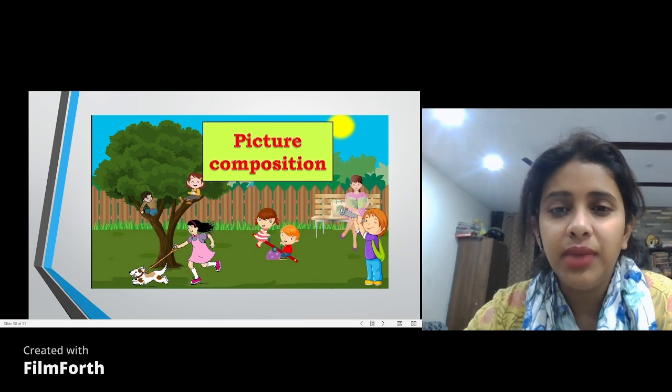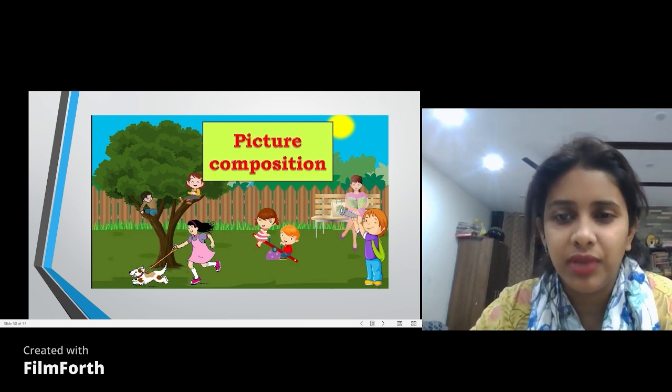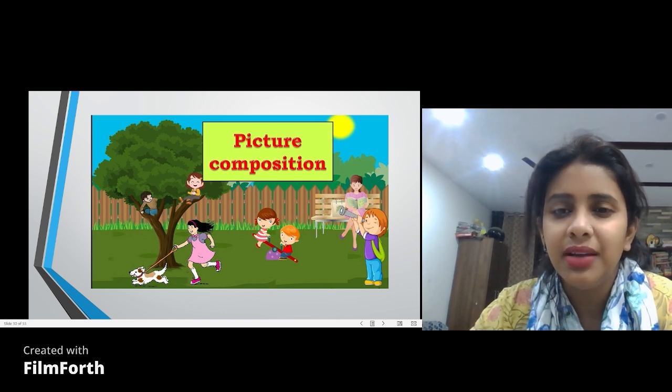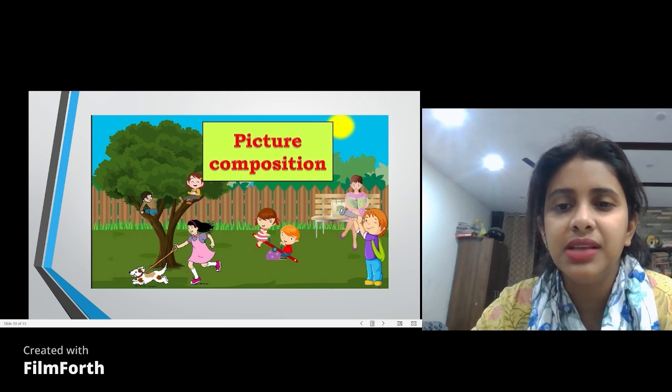Then from that picture, the first thing is you're going to get a primary meaning. Primary meaning is the denotative meaning. Denotative refers to what the picture denotes, meaning the first, primary meaning that the picture is giving.